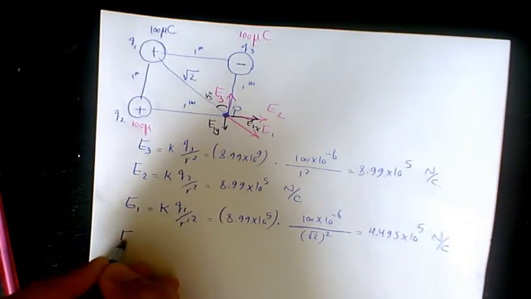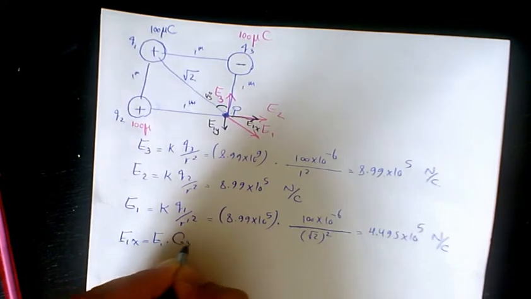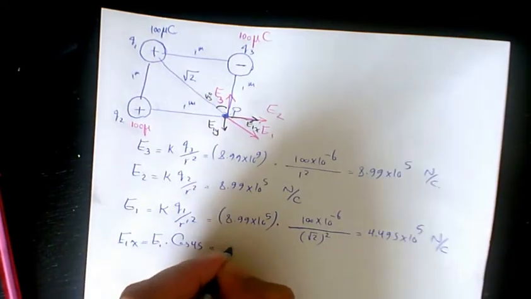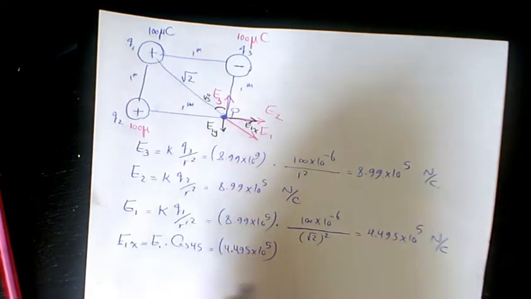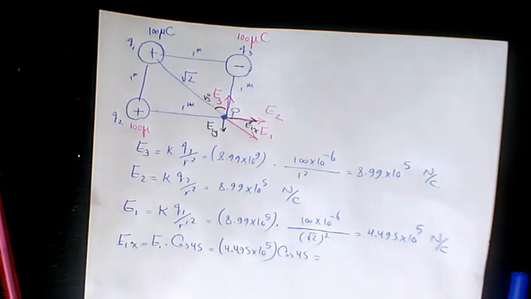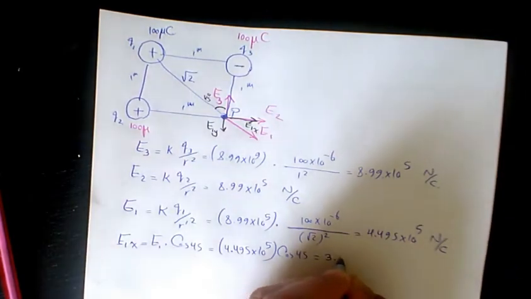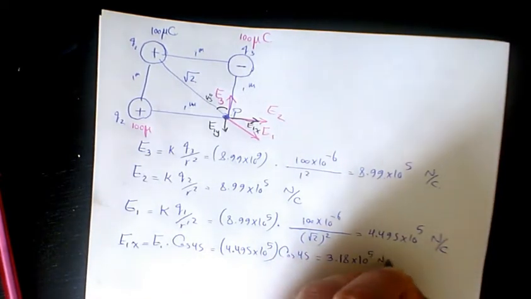So E1x will be E1 times cosine 45, which will be 4.495 times 10 to the power of 5 cosine 45, which is going to be 3.18 times 10 to the power of 5 newton per coulomb.